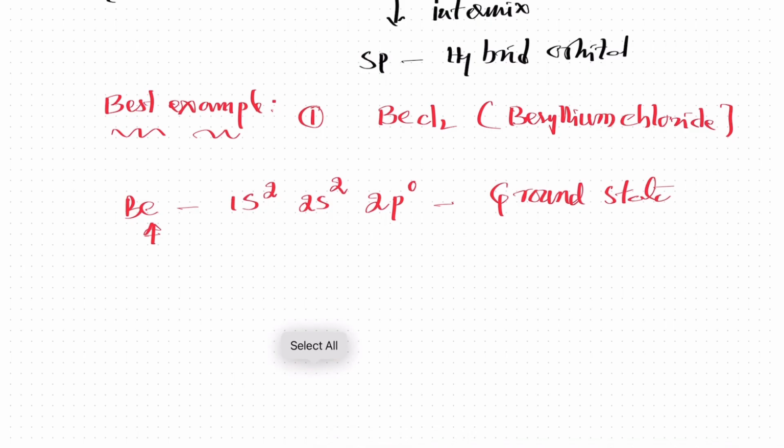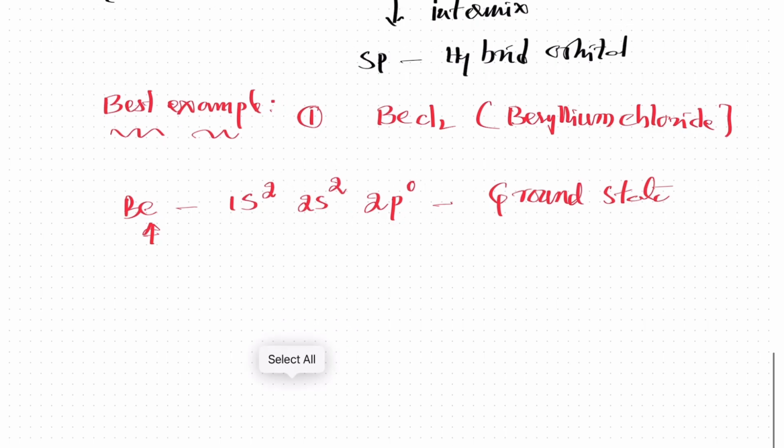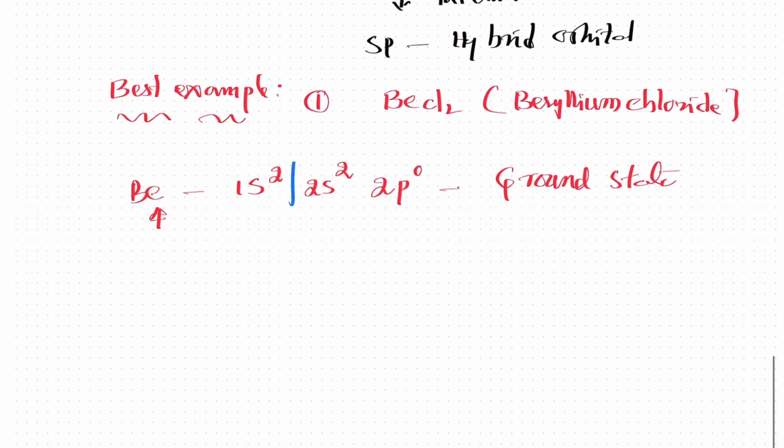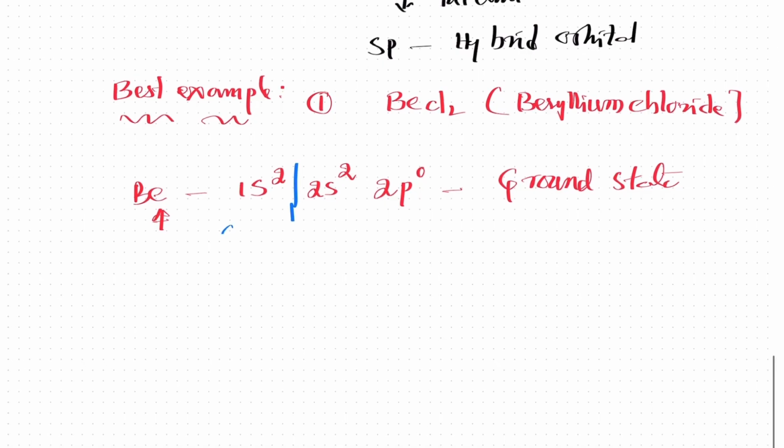Clear? Up to here, this is your core electrons, and this is your valence electrons. Okay, students, we are taking the valence electrons.